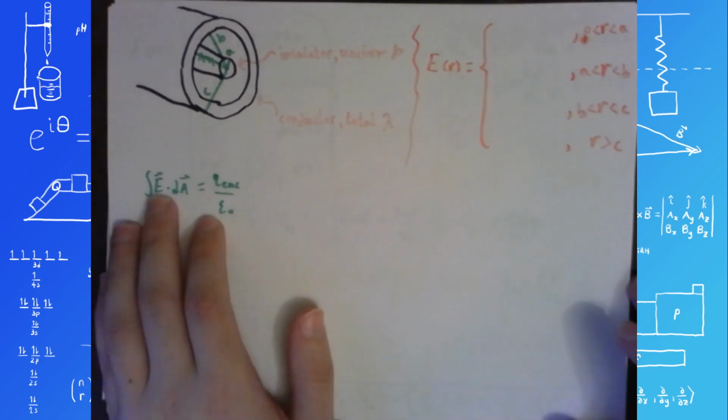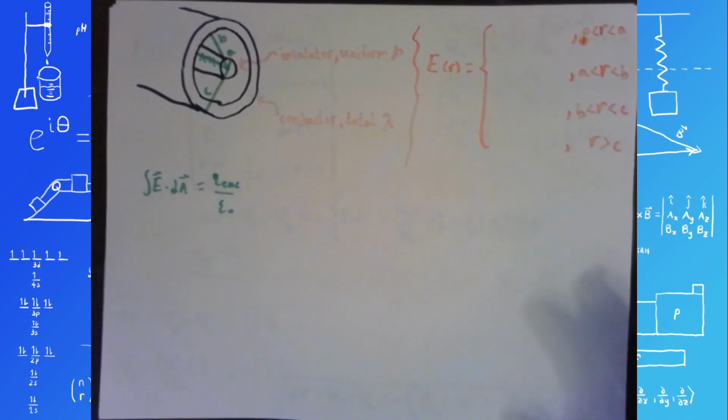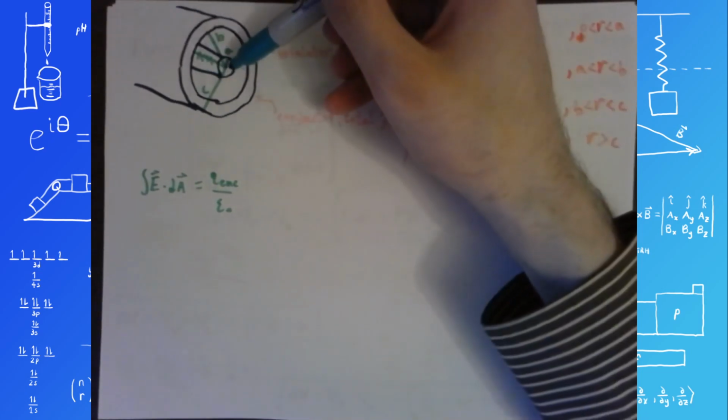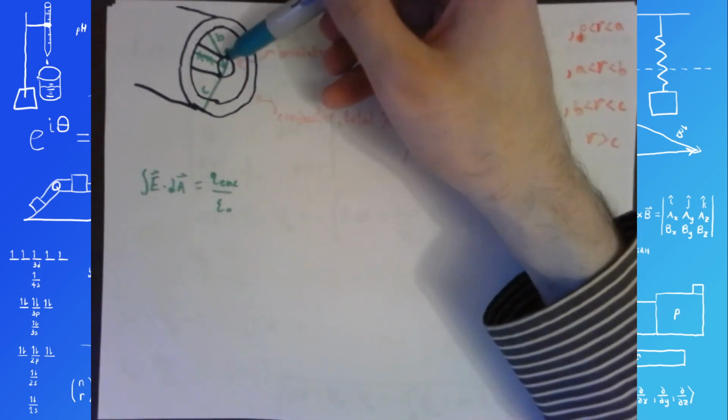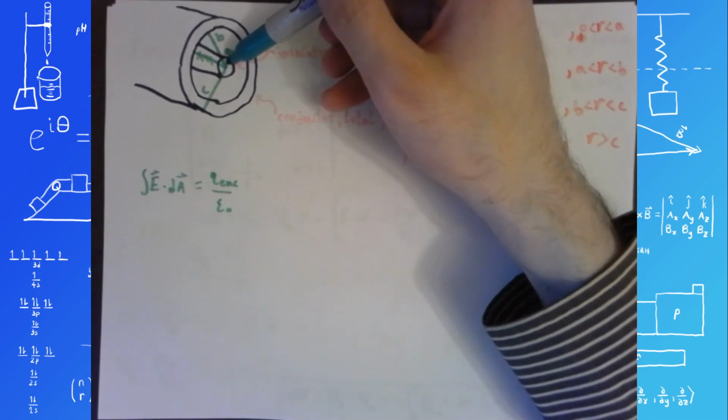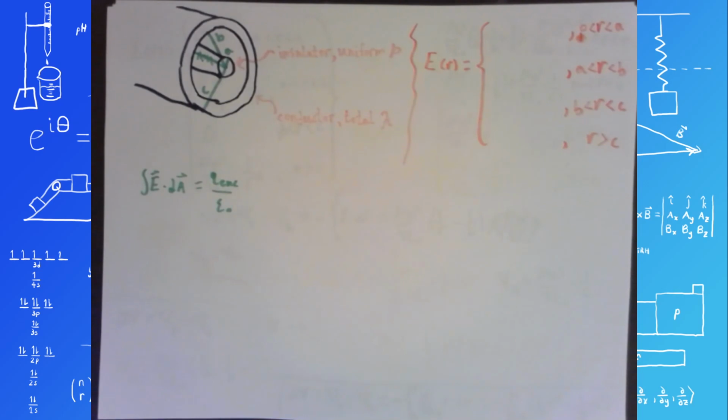So we can just pull the E out as a constant. That leaves us with the integral of dA, which is just going to be the surface area of the cylinder, not including the surface area of the bases, because the bases will have no flux going through them if this cylinder is infinite.